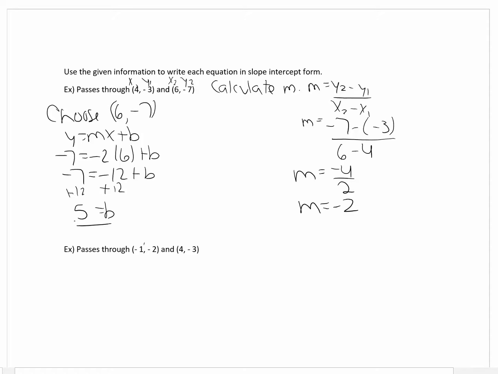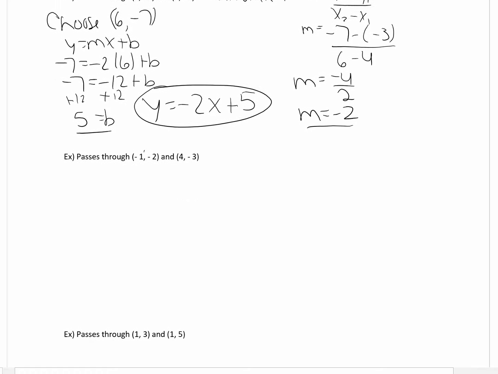Now that I know what my y-intercept is, I already know what my slope is. Let's write it. And again, you should check to make sure this ordered pair makes this a true statement, and this ordered pair makes it a true statement also. Okay, let's do the next example then.